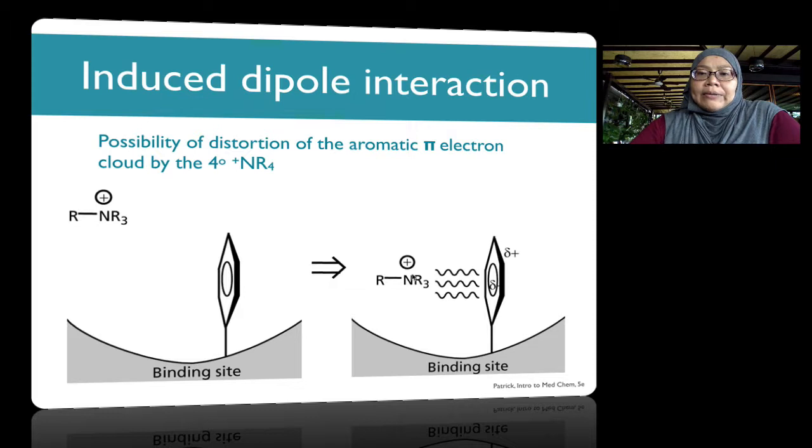If the amino group is positively charged, it will induce that because of the pi-pi interaction, the aromatic ring is also electron rich. So one side of the ring facing the approaching ammonium ion would give the negative dipole, whereas the other side of the aromatic ring will give a positive dipole.